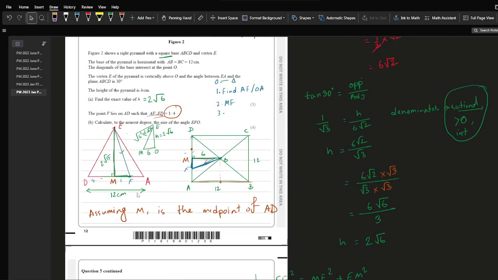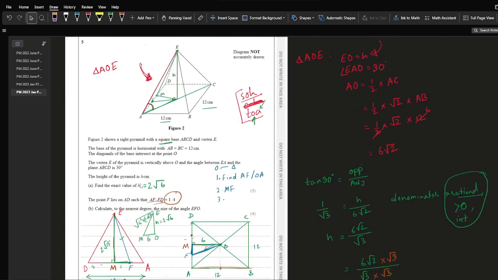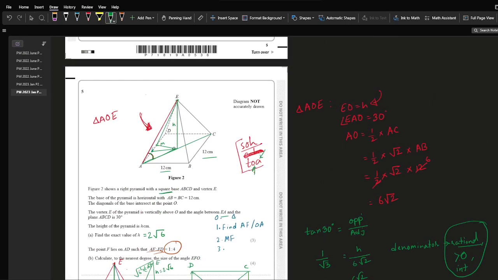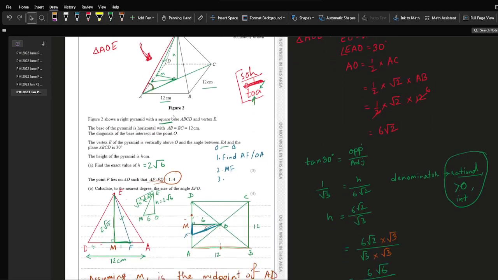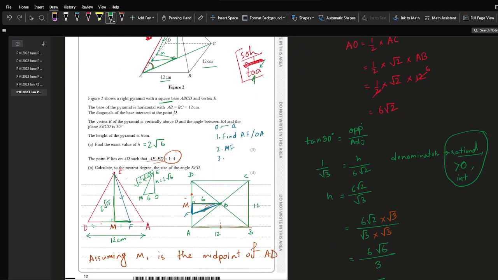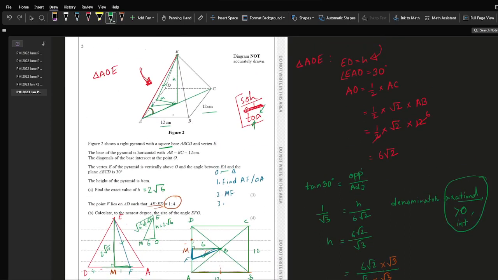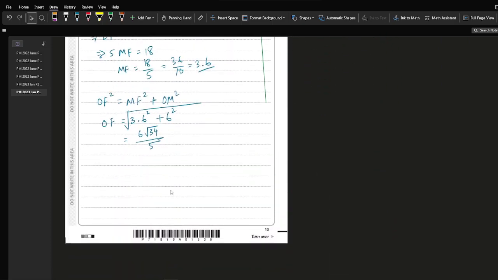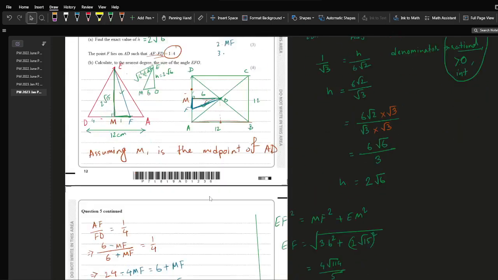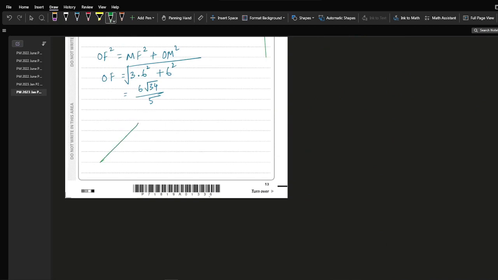Okay, so if we go with this method, we already found out EF, this right here, and if we go with this triangle, we found out OF, sorry, not that one, this one. I'm going to separate this triangle right here, so we can use that triangle properly.